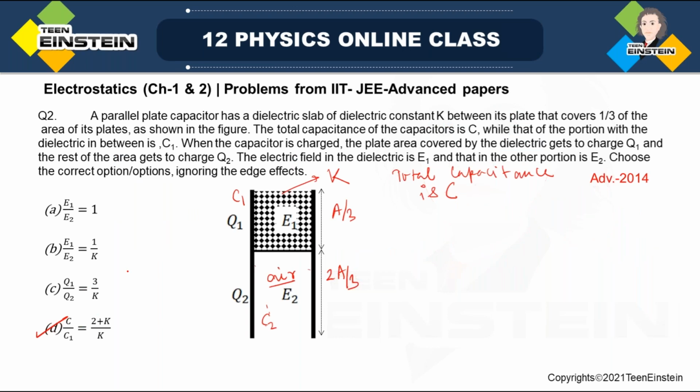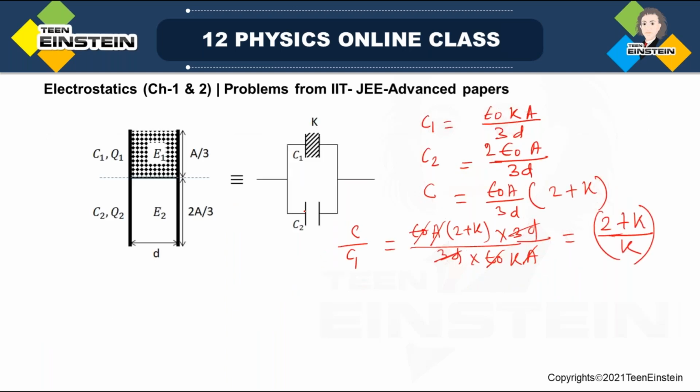Now look here, we have Q1 by Q2 equal to 3 by 2. Since C1 is 2 epsilon 0 A by 3D and C2 is epsilon 0 KA by 3D, what will be the charge? Both of them are charged with the same potential difference.